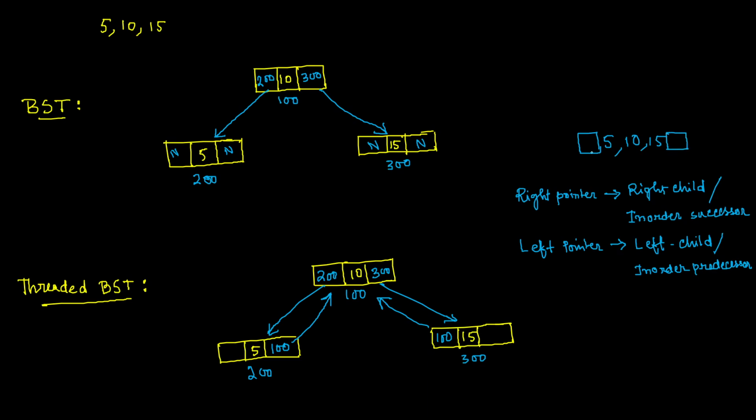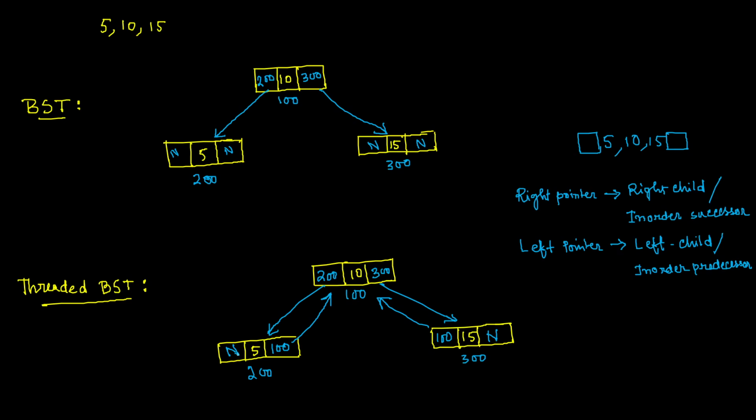That's why in a threaded binary search tree, only in these two extreme cases, the extreme left, which has no in-order predecessor, and the extreme right, the maximum number, which has no in-order successor, will it become null. But it is not true for the other numbers.